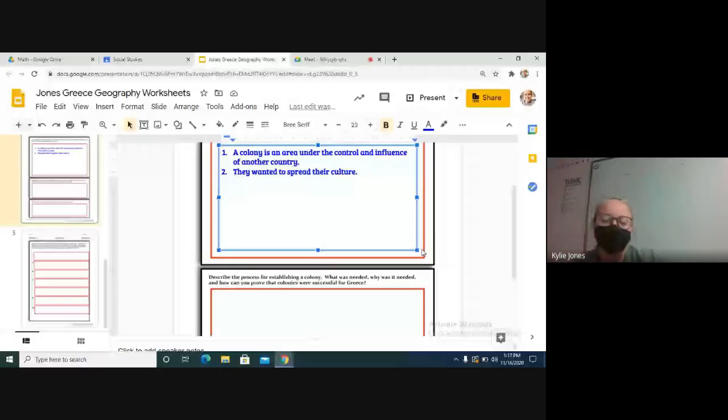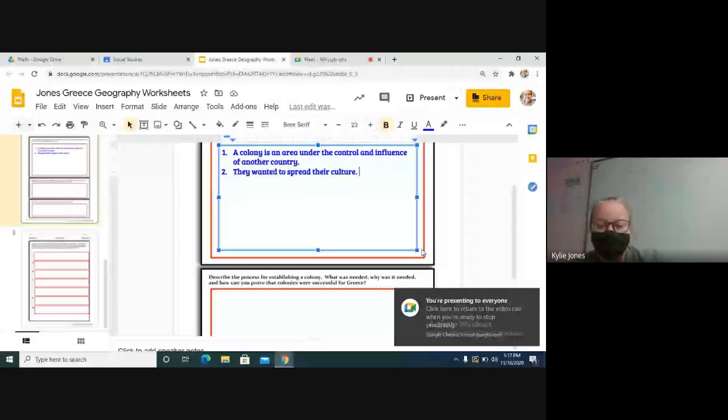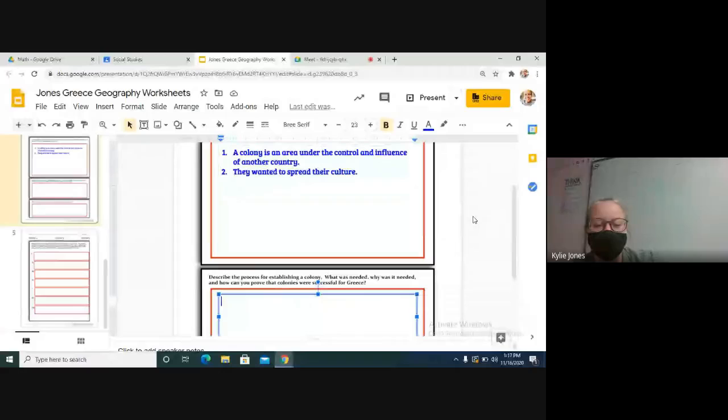All right, almost done. Let's look at our next one. It says to describe the process for establishing a colony. What was needed? Why was it needed? And how can you prove the colonies were successful for Greece? So first of all, how did they get there? What did they have to do?